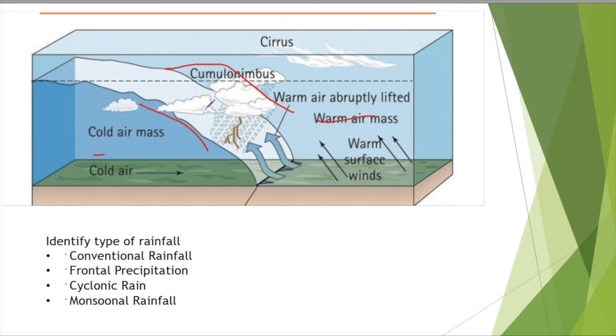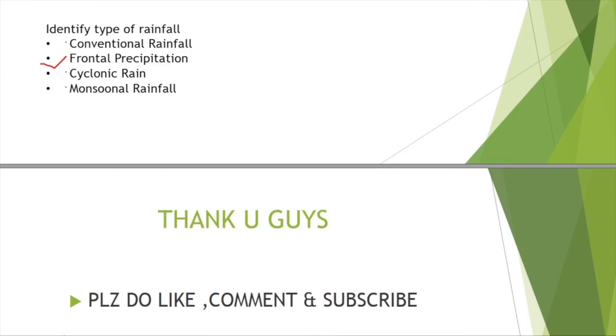When these clouds become sufficiently heavy, they start to rain, and it forms frontal precipitation. Okay. Now, if we see the other options, convectional rainfall generally occurs in the equatorial region, cyclonic rainfall just after the cyclones, so during the cyclones, and monsoonal rainfall, all over India we have monsoonal kind of rainfall. So that's it.